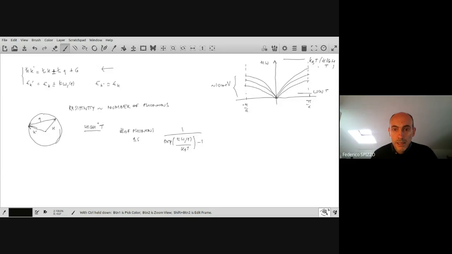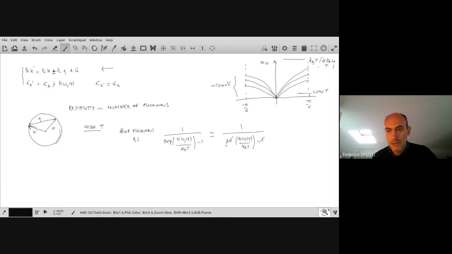In the high temperature regime, we may use an approximation similar to the one we use in the evaluation of the specific heat. In that case, if kBT is larger than h bar omega s of Q, then we may approximate this exponential with 1 plus h bar omega s of Q divided by kBT, minus 1.